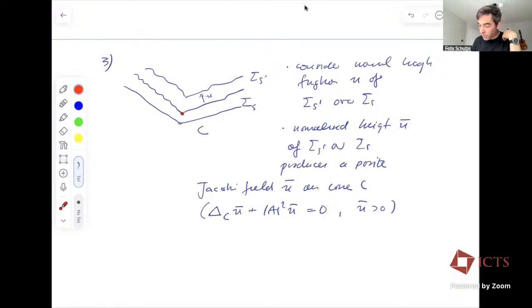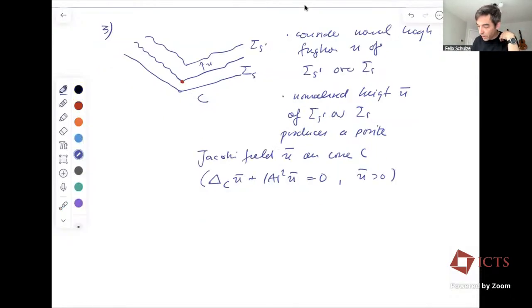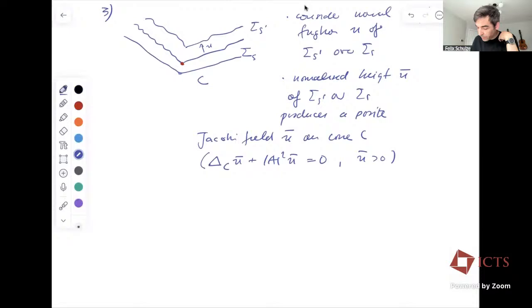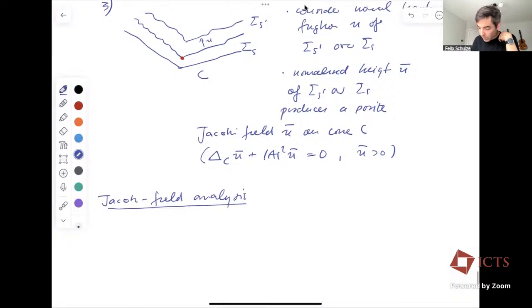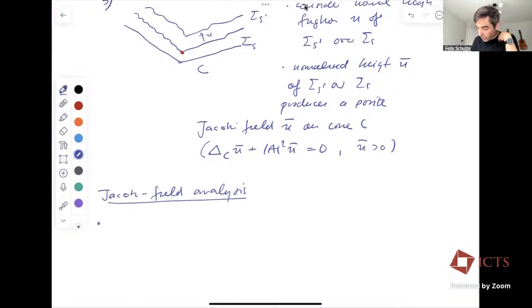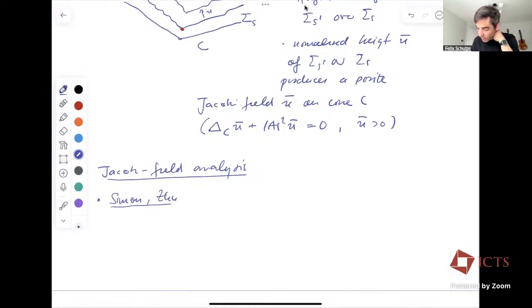Okay, so what we need to do now is Jacobi field analysis. This goes back to work of Leon Simon when the link is smooth, and work of Jonathan Zhu if the link is non-smooth. There's an argument as follows. So what is the statement?